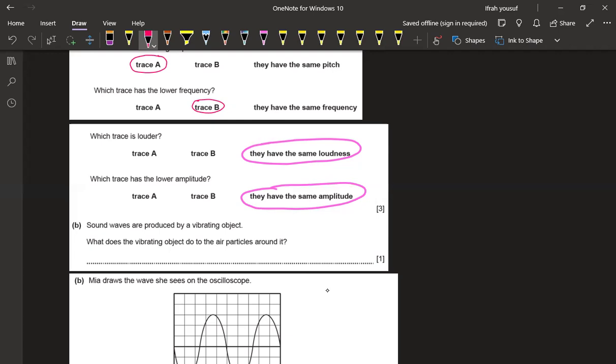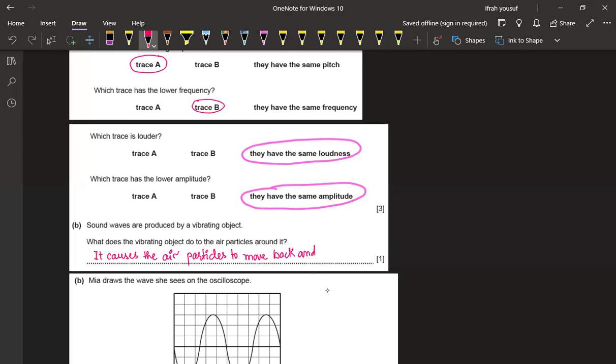Okay, so what does a vibrating object do to the air particles? It causes the air particles to move back and forth.